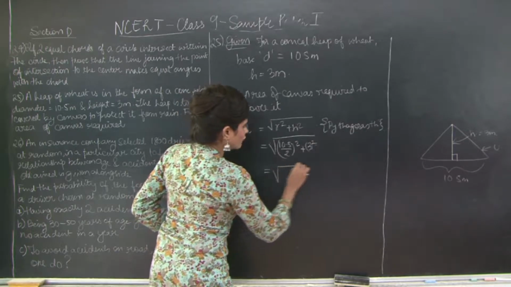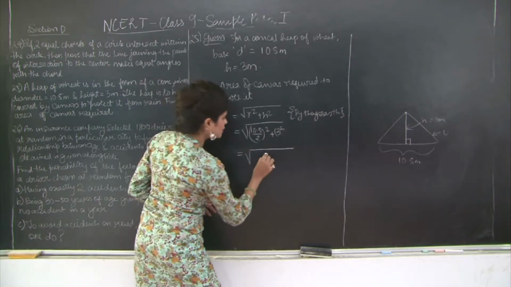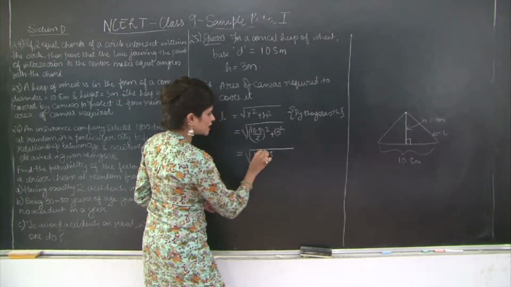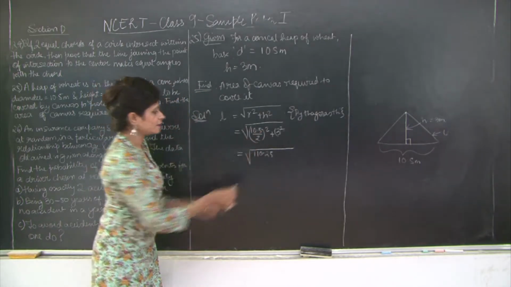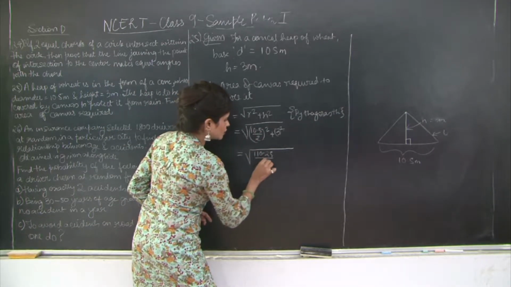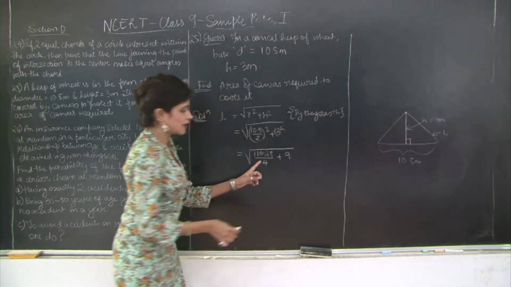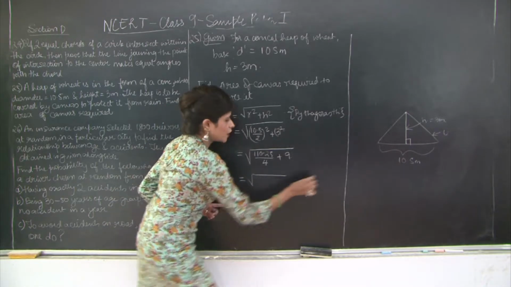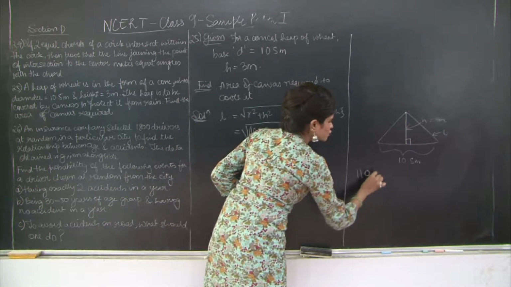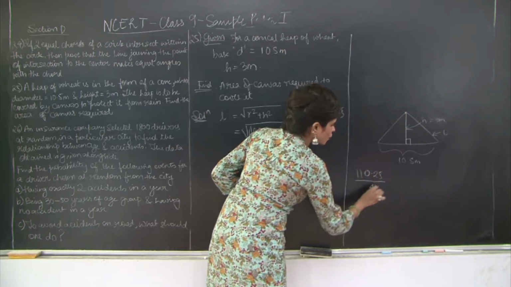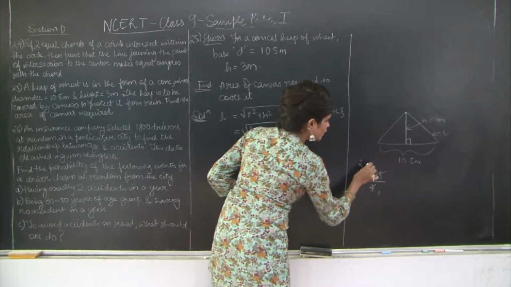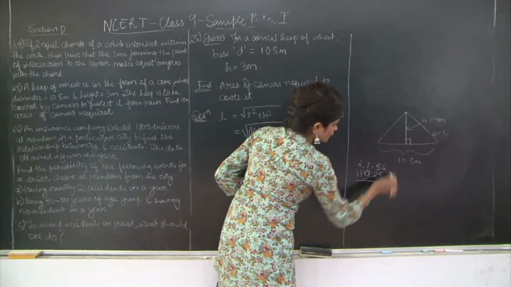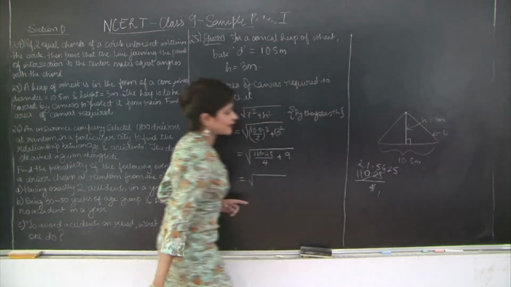So the square of 10.5 is going to be 110.25, with 2 decimal places for the square, and this is going to be 4, plus 3 square, which is 9. So let's check 110.25 divided by 4. 4 ones are 4, 4 twos are 8, 9, 10, 11, 4 sevens are 28, 29, 30, 4 fives are 20, 4 sixes are 24, 4 twos are 8, and 4 fives are 20.